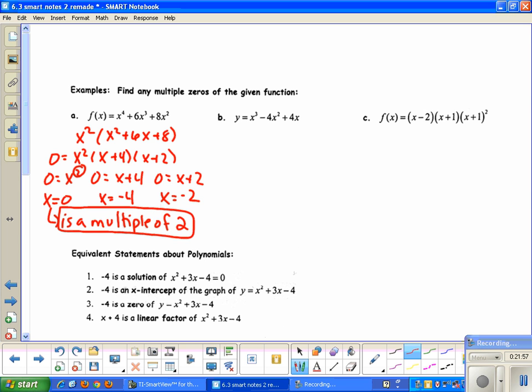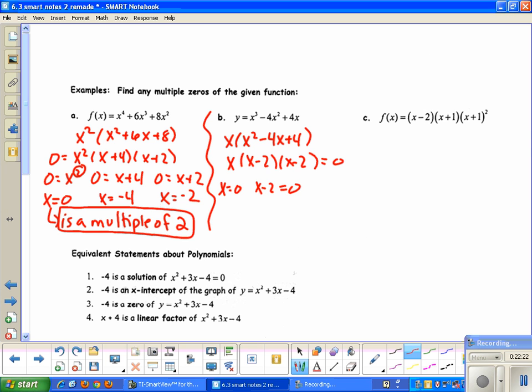If you look at b, we can factor out an x. So when we factor out x, we get x times x squared minus 4x plus 4. And then you can factor that further to x minus 2 times x minus 2. And for this one, now if we set it equal to 0 and solve for the zeros, we get x equals 0, and then x minus 2 and x minus 2 equals 0, which since they're the same, we only need to write it once, so x is equal to 2.